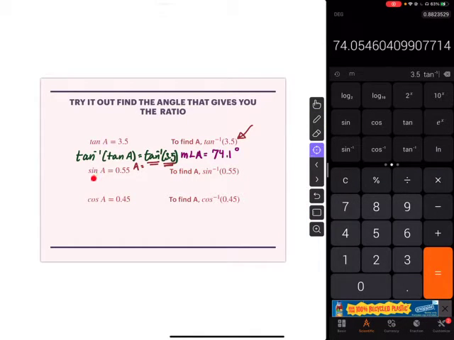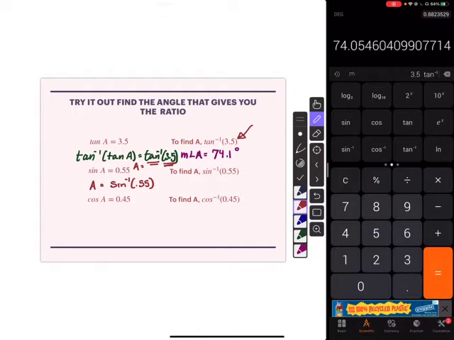So in the second example here, sine A equals 0.55. In your head, mentally, what you're doing is you're inverse sining the left side, and the sines cancel, and then you inverse sine the right side, because you have to do the same thing to both sides. And so what you end up with is A equals inverse sine of 0.55.